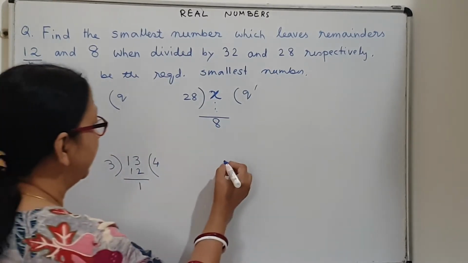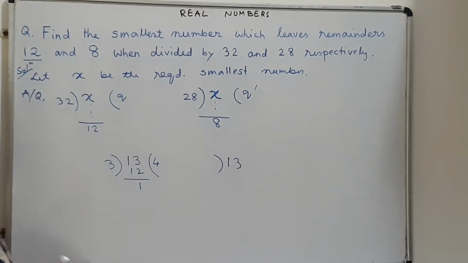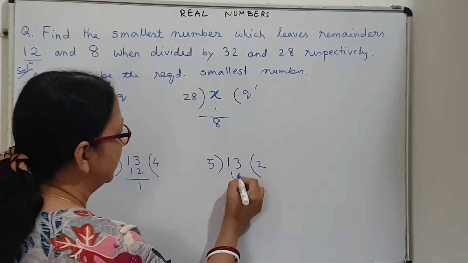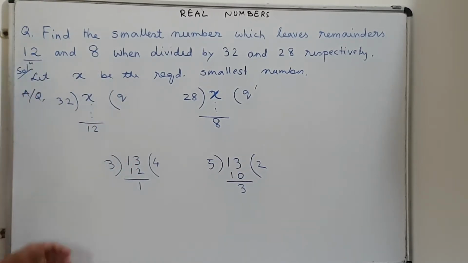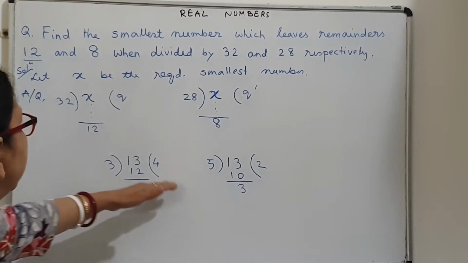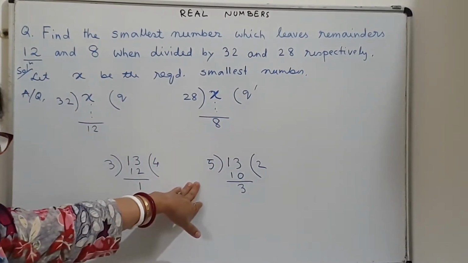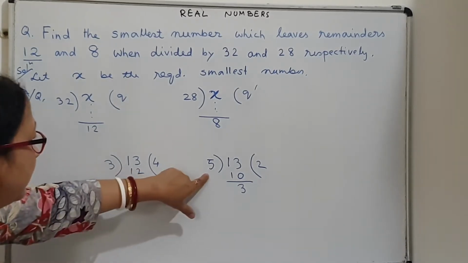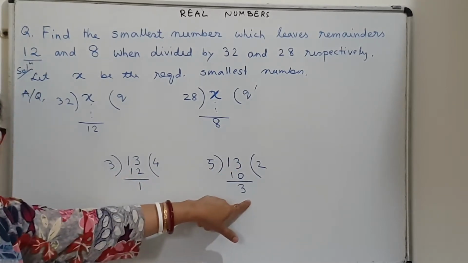Then I am again dividing the same number 13 by a different divisor, say 5 this time. 5 2s are 10 and the remainder is 3. I am depicting the situation something like that, just to make you understand what is going on. Here the number is same, 13, divisors different and remainders different.